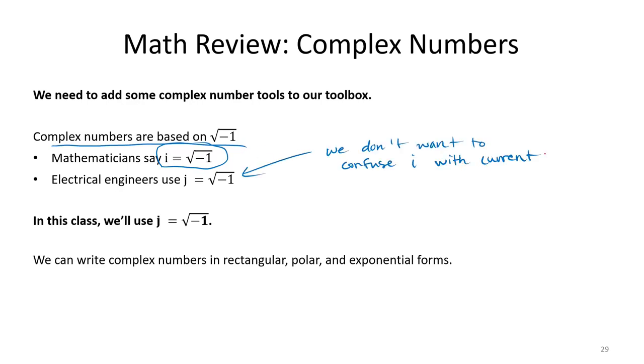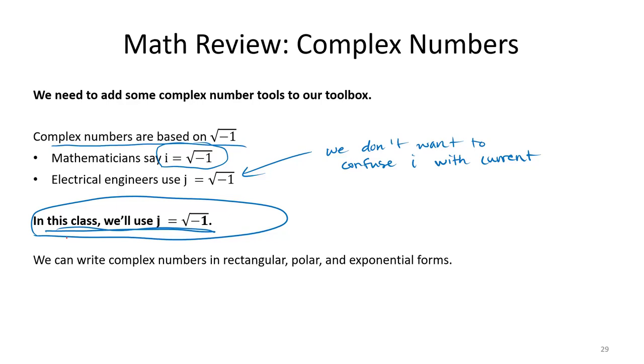So in this course, we're going to be using j as the square root of -1. Please get in the habit, for this course and other electrical engineering courses you might take, of using the letter j to represent the square root of -1. This is a very common convention that engineers use because we don't want to confuse the complex number i with current.